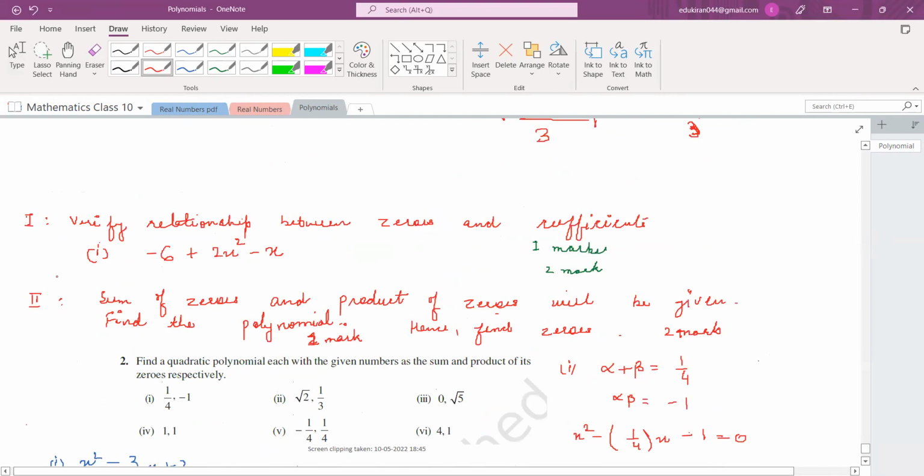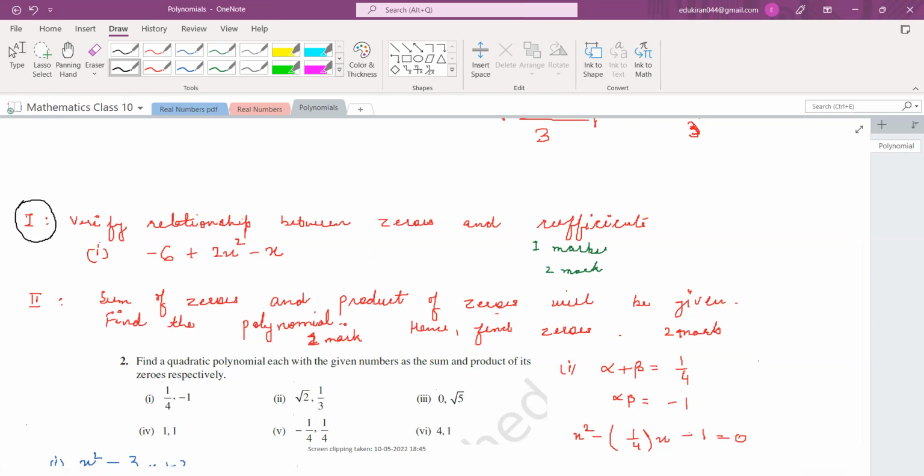So this is the first kind of question that can come. Because you have missed it, just take a screenshot. The question will be of this type: verify the relationship between zeros and coefficients. This type of question you have already done. This is question number 1 of exercise 2.2.